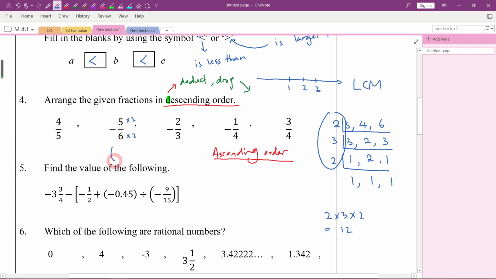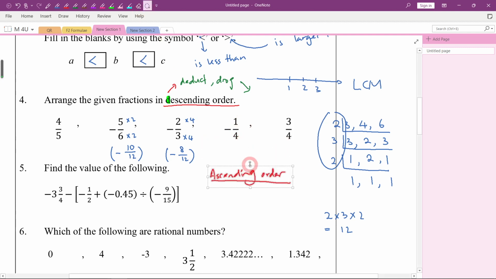So you can write over here, negative 10 over 12. Okay, how about this? How to change the 3 become 12? Times 4. If here you multiply by 4, you need to do the same thing for the numerator. Okay, so this is 8, this is 12. Okay, let's go to the last one. Let me bring this one go down first.